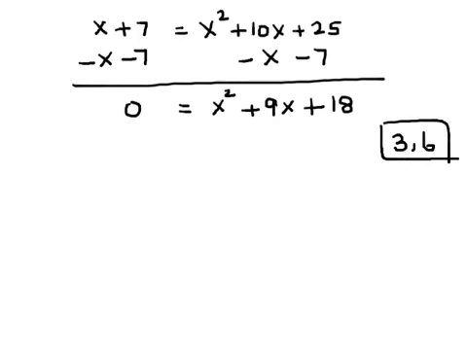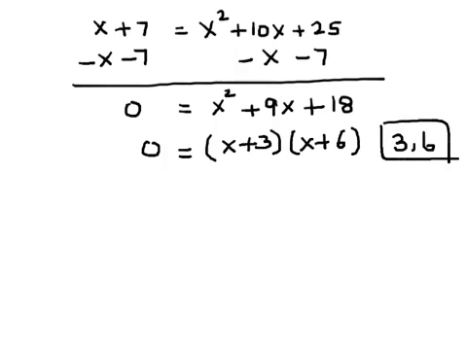Once we have found these numbers, we write the right-hand side in factored form as x plus 3 times x plus 6. And on the left-hand side we have the 0. Zero product principle says that a times b is 0 only when either a is 0 or b is 0.